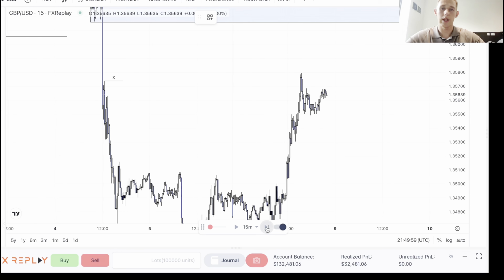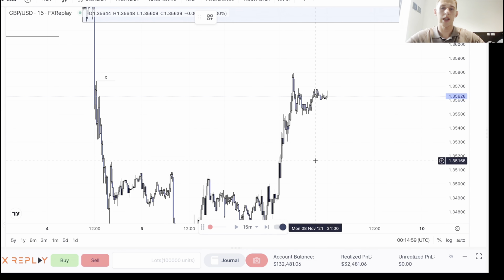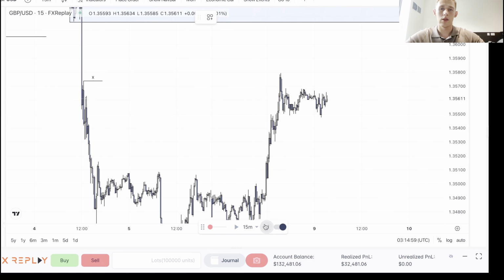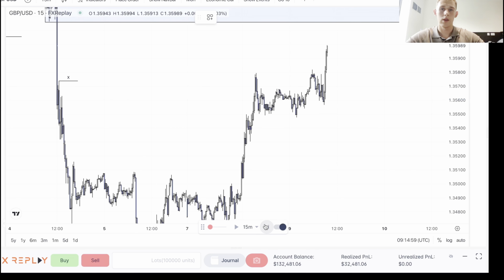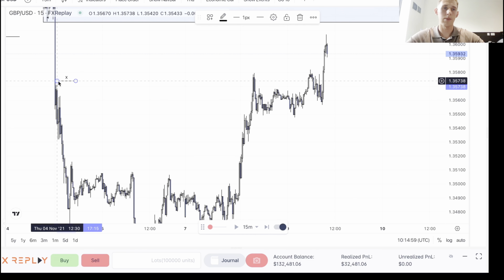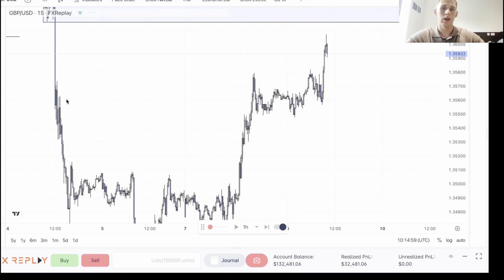Let's play this on the 15-minute. So the structure I'd need to see it break would be this low right here. Okay, so looks like price is heading into the supply.